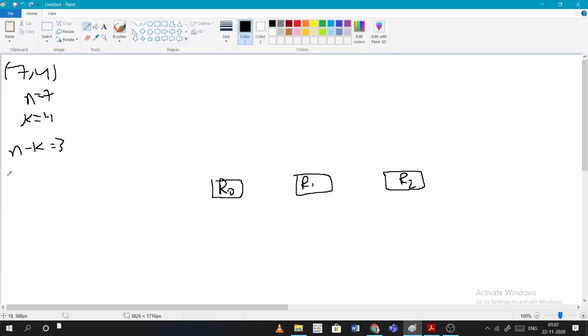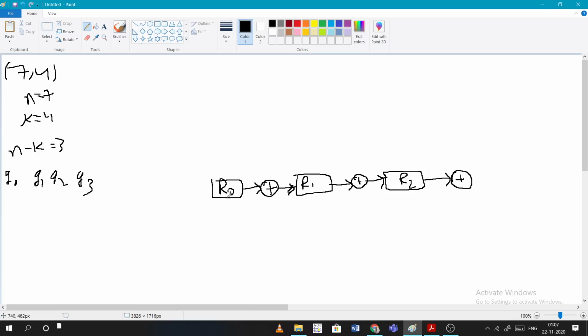Now we found G0, G1, G2, G3. Where to place them? First, in between every register there will be one modulo-2 adder, connected like this. After this also there will be a modulo-2 adder at the end. I will tell you why.